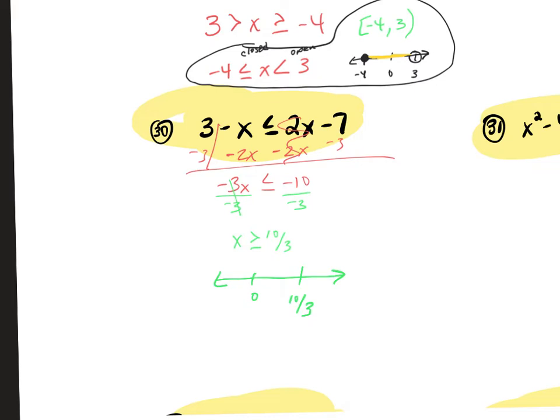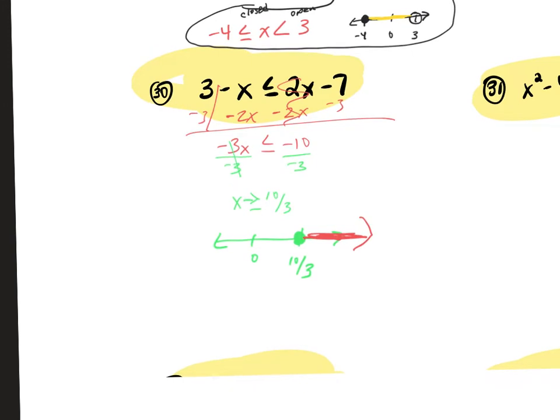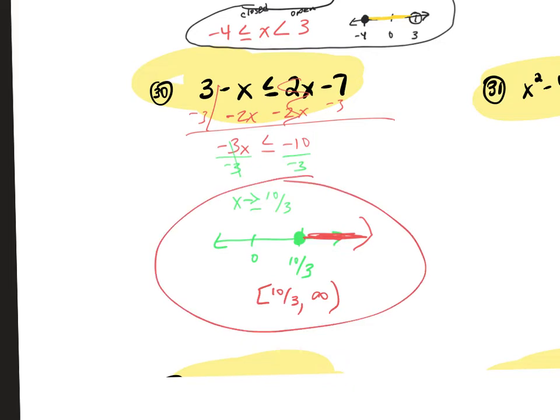If it's greater than or equal to, that means I have a closed dot. And which way am I going to color? To the right. Good. So if we're going from negative infinity to positive infinity, left to right, I'd write my interval notation as 10 over 3 with a bracket because it includes and goes to infinity. And there is my answer.